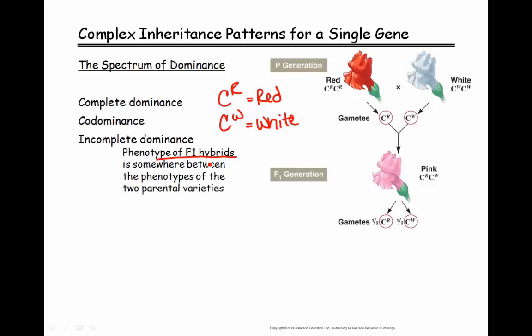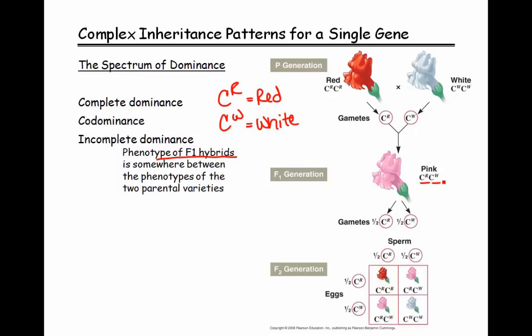So this would be like the CR and the CW mixing together to become, say, a CP for pink. Not the case. So when that pink flowered plant is crossed with another pink flowered plant to produce the F2, it's going to really work the same way as before. Half the time we're going to pass on the CR, half the time we're going to pass on the CW.